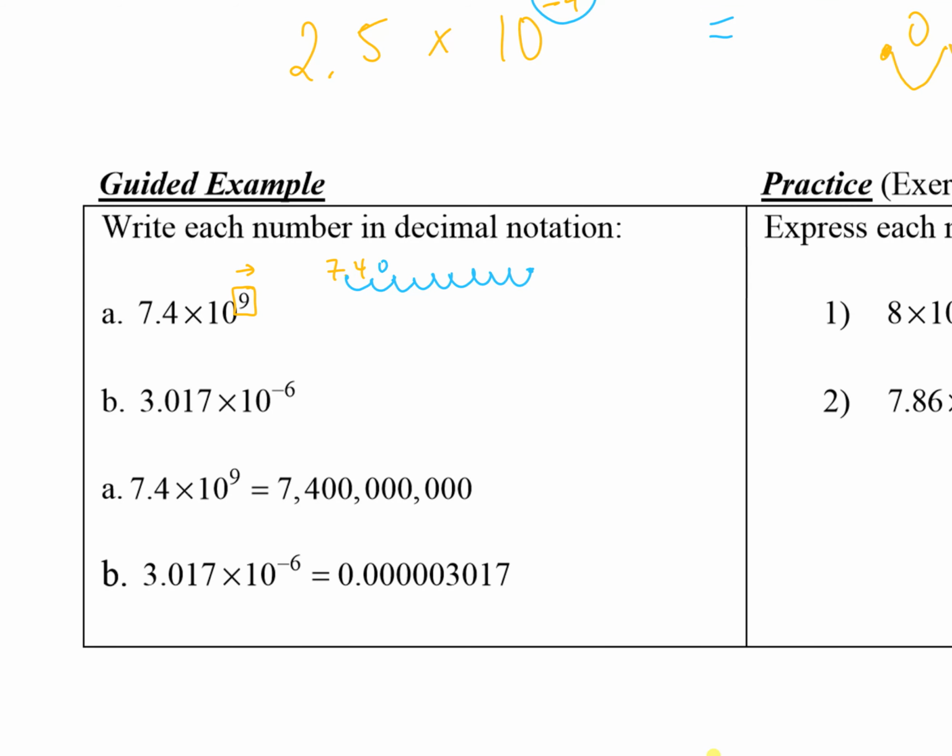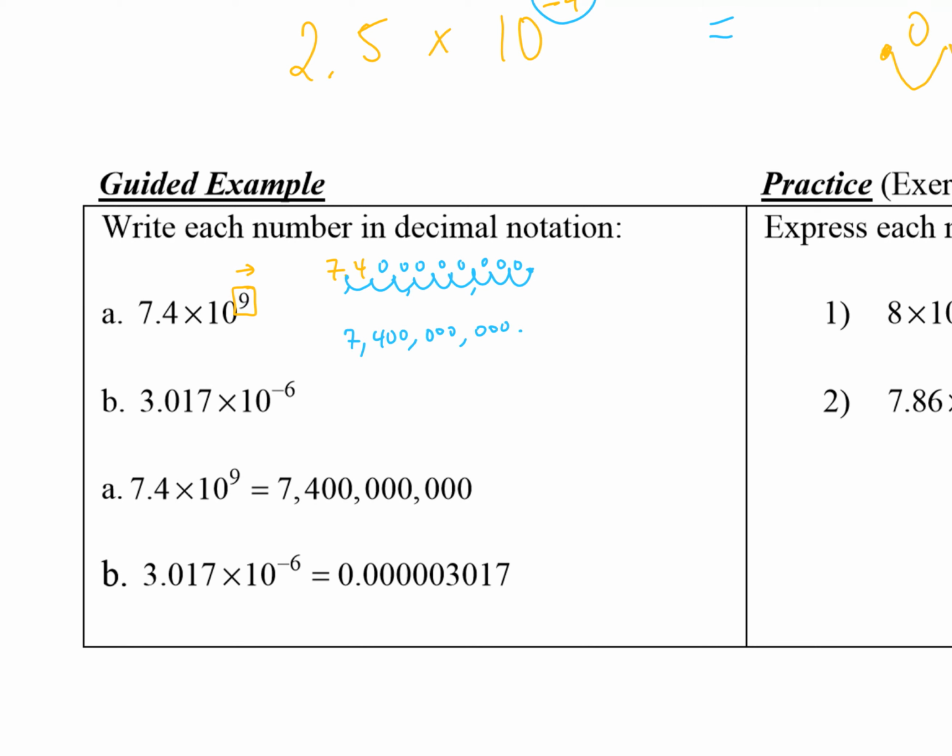So we have 8 extra zeros missing there. We put a comma between every 3, right? We get 7,400,000,000. And that's it.